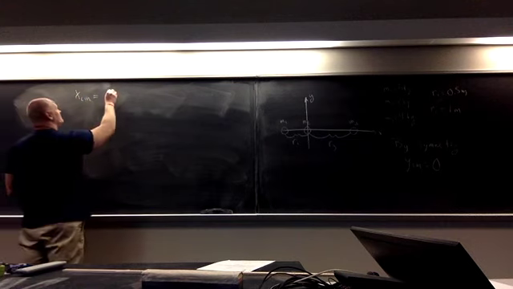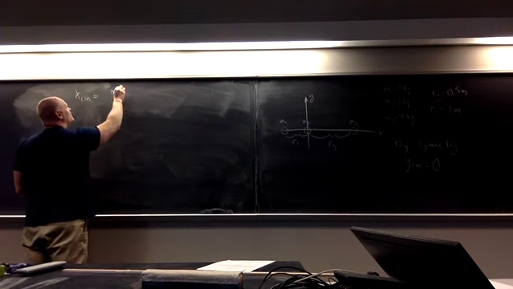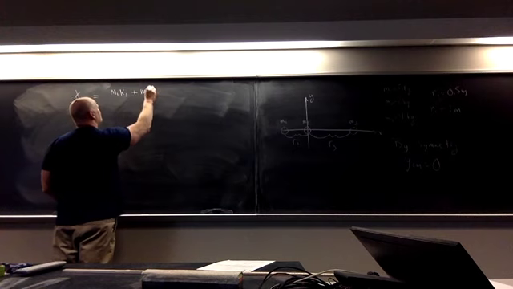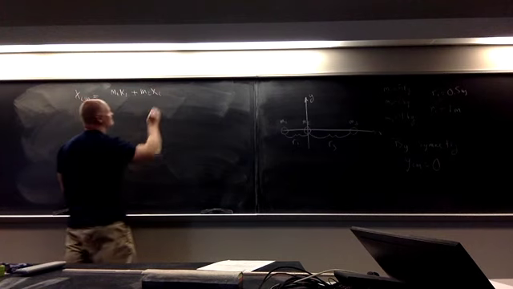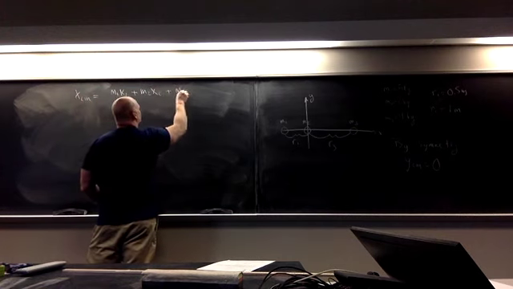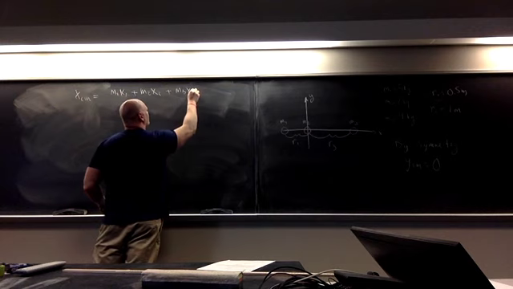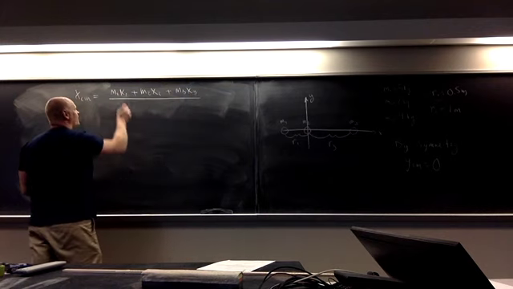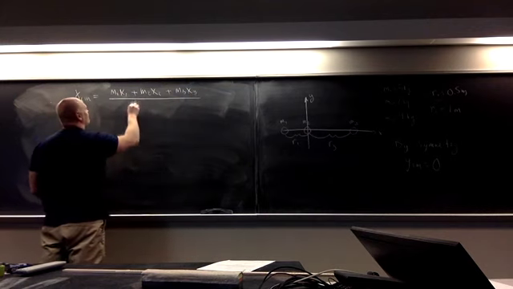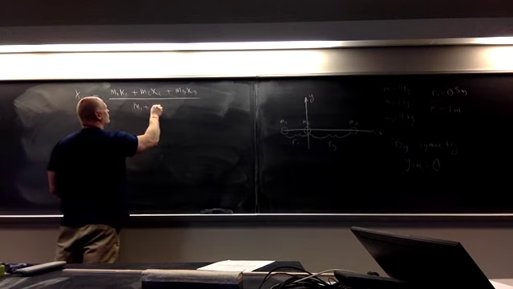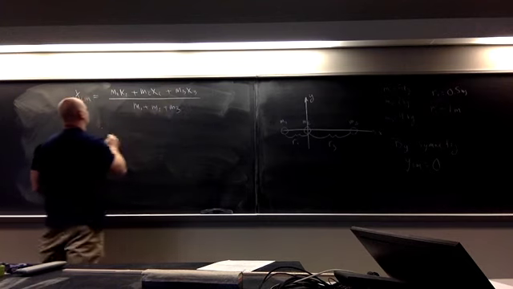According to this, it's the mass of the first times its position along the x-axis, plus the mass of the second times its location along the x-axis, plus the mass of the third times its location along the x-axis, all divided by the net mass, which in this case is m1 plus m2 plus m3.